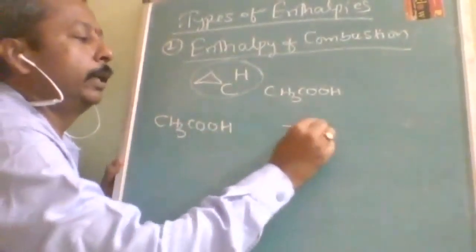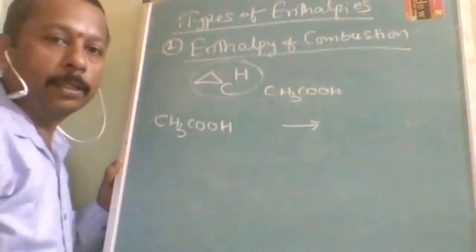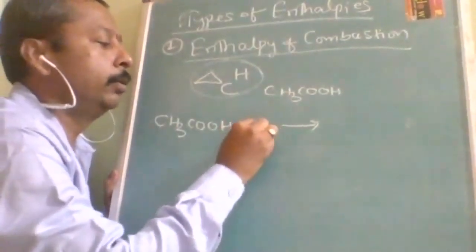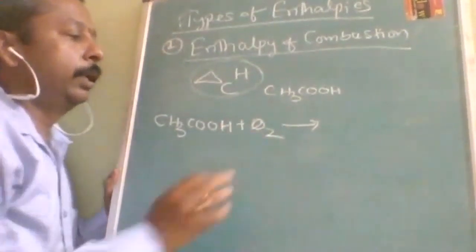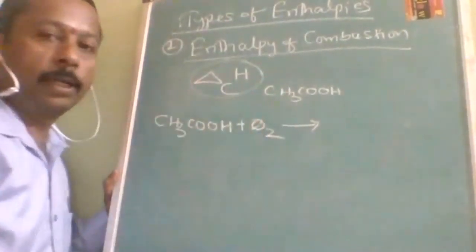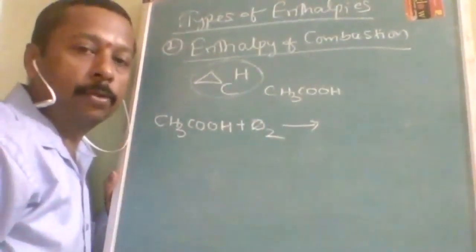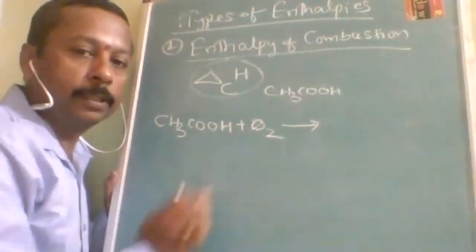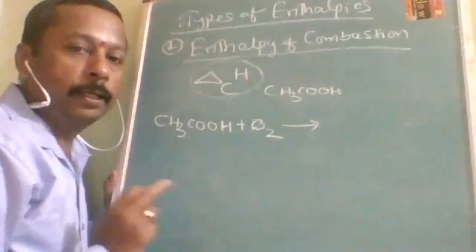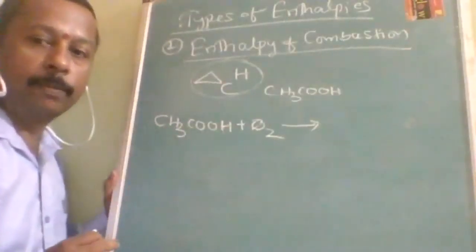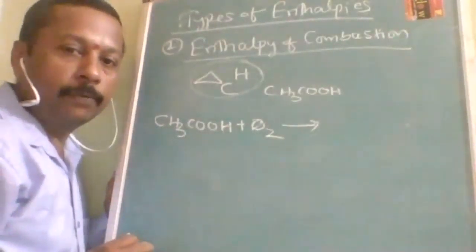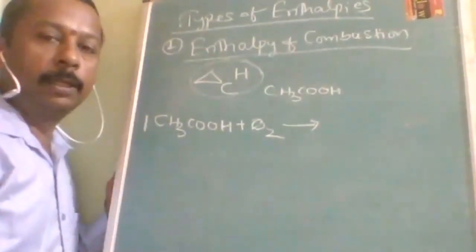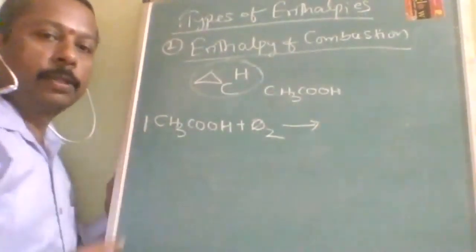In formation there was only one product, but here there should be two reactants, and the second reactant is always fixed as oxygen. The substance which is undergoing combustion should be 1 mole.